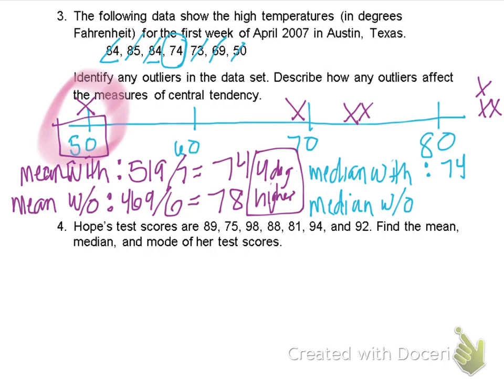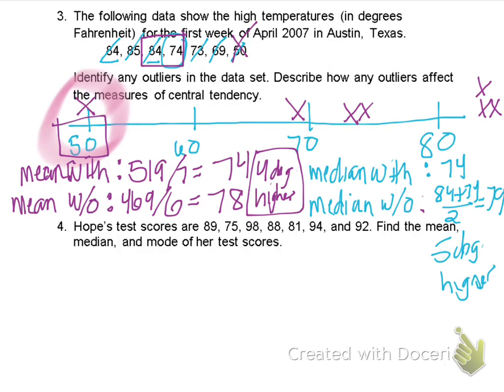But if I take out that 50, the last numbers that would be left would be the 84 and 74, so I'd have to average those. So 84 plus 74 divided by 2. And that equals 79. Sorry, I kind of got squished here. So 79 is 5 degrees higher.